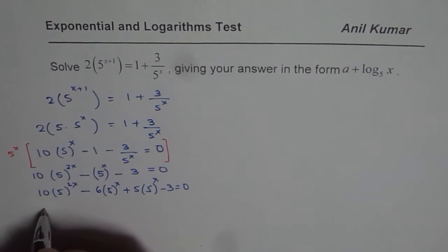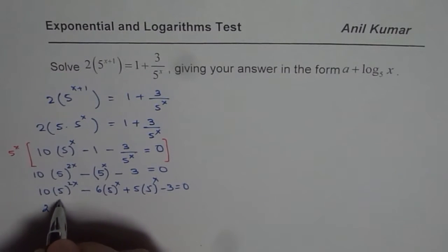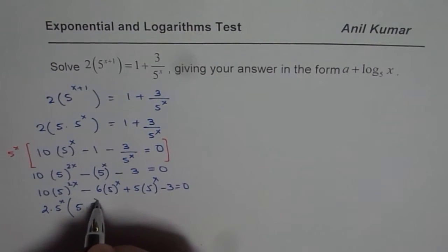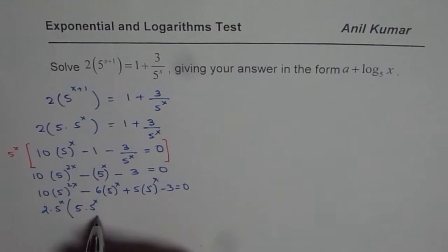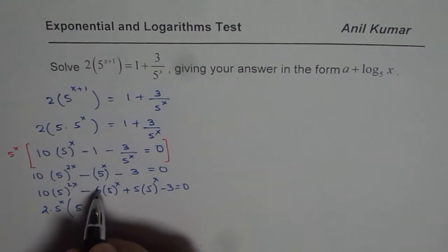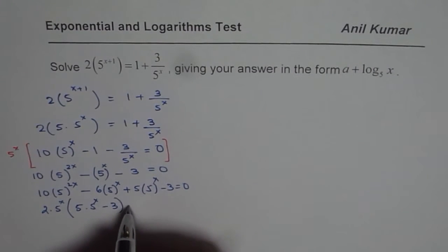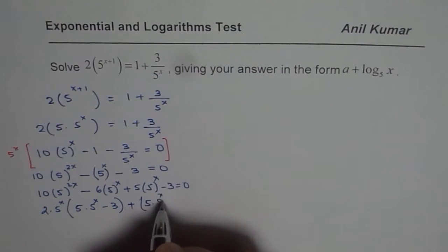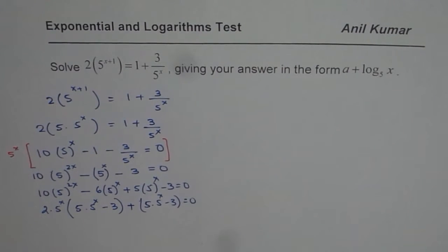Taking 2 times 5 to the power of x common, we get 5 times 5 to the power of x minus 3. Plus, we already have 5 times 5 to the power of x minus 3 equals 0.